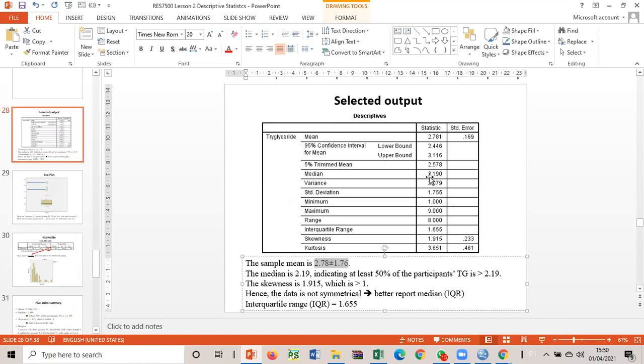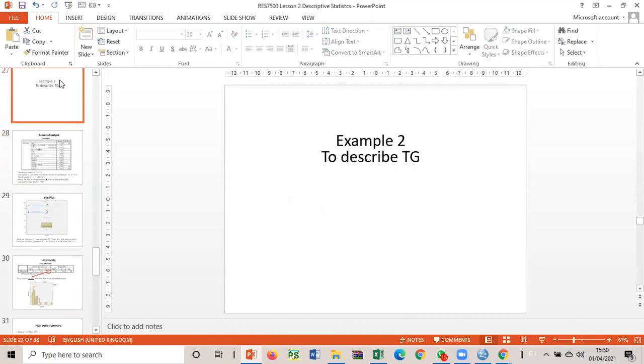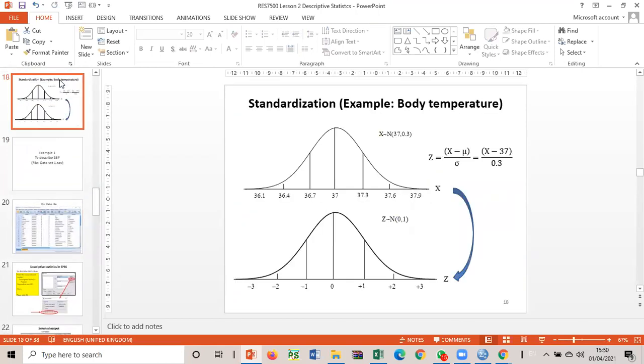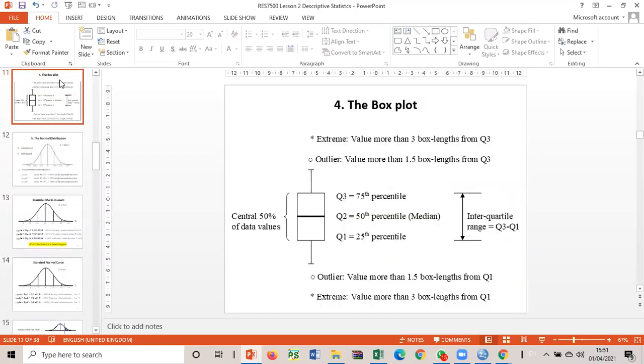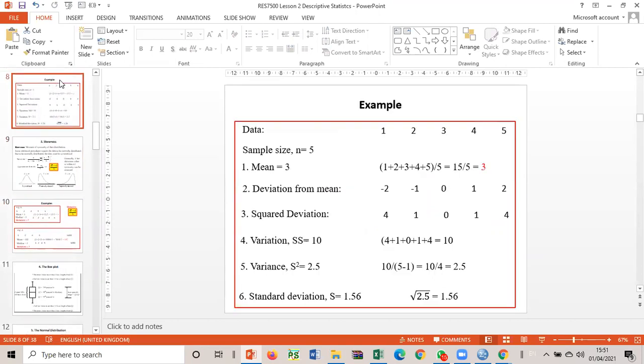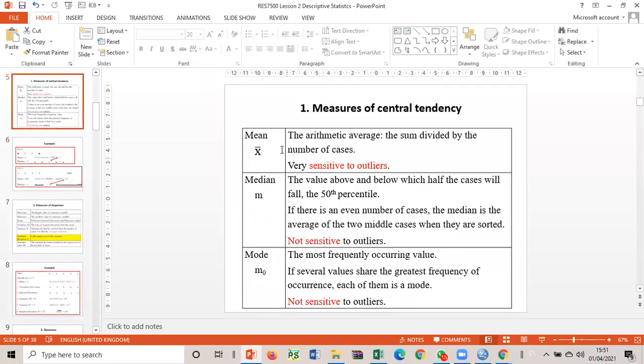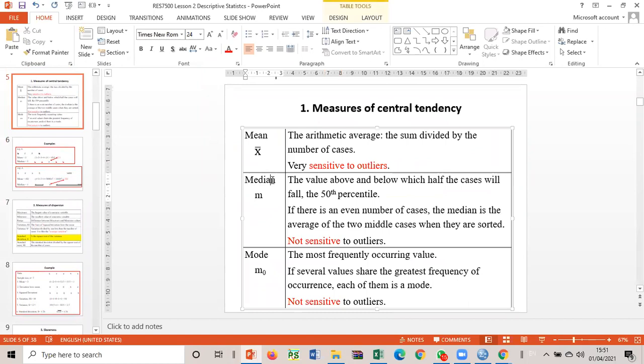So we need other measures as well, like standard deviation. Mean and median are measures of central tendency, but these two alone are not enough to describe the data. We don't calculate manually in this class. Click some button, the answer will come out, and we interpret.